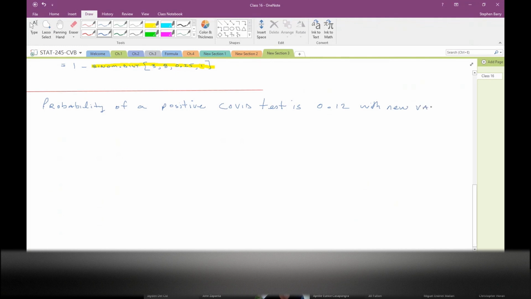Right now it's about 4% or something, right? Let's say it goes up to 12.